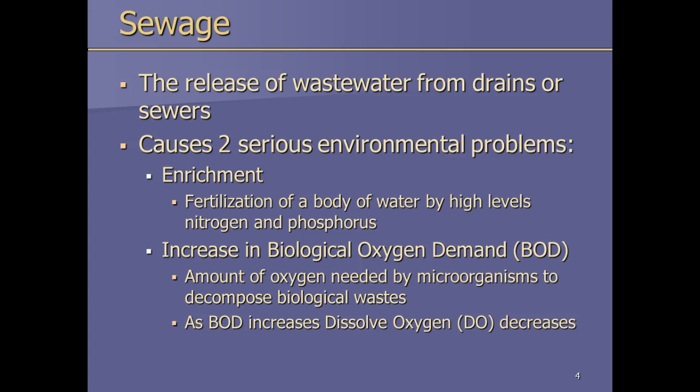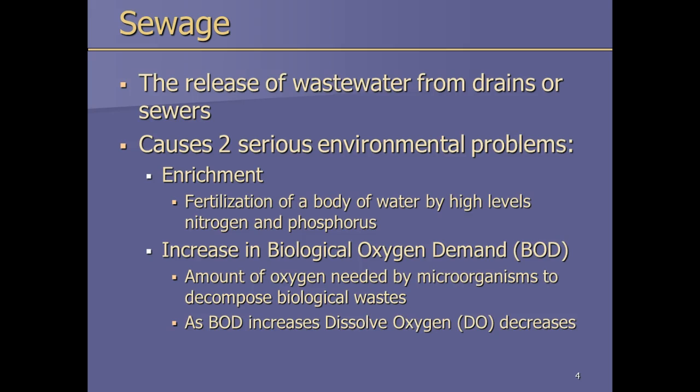2 environmental problems: enrichment and increase in biological oxygen demand. Enrichment basically means that there's fertilizer going into the body of water. Well, that's nitrogen and phosphorus. We learned that when we looked at the Mississippi watershed. Well, sewage, where does the nitrogen and phosphorus come from?